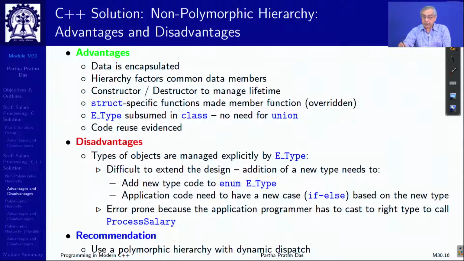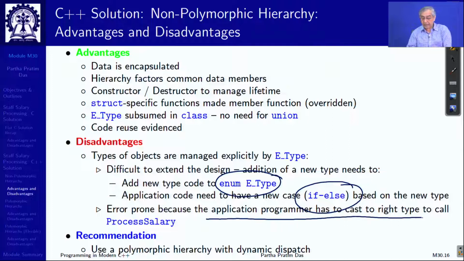When I had to add the director, I had to add a new type to the enum, I had to add a specific case, I had to do a case specific downcast, very risky. If I make any mistake, that is, the application programmer has to cast to the right type to call the process salary. So, a lot of risky things are still remaining.